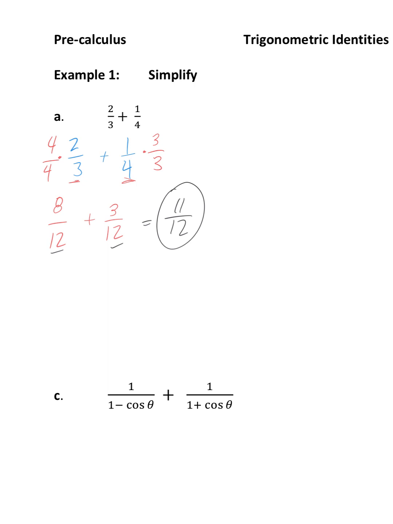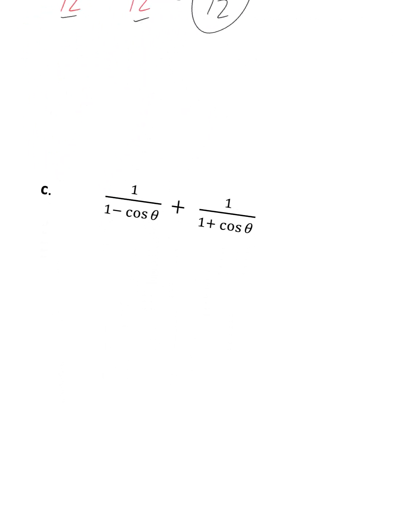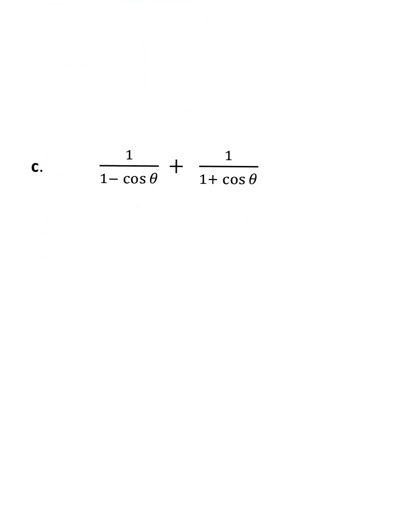Okay. And so we're going to use similar concepts to help us with working out some trig problems, okay? So I'm actually going to skip over B. We're going to take a look at problem C. So here's C. We see we have 1 over 1 minus cosine theta plus 1 over 1 plus cosine theta, okay?